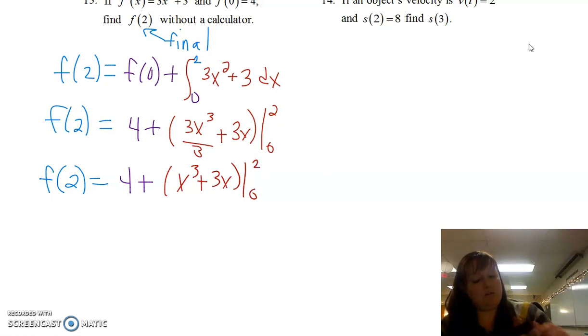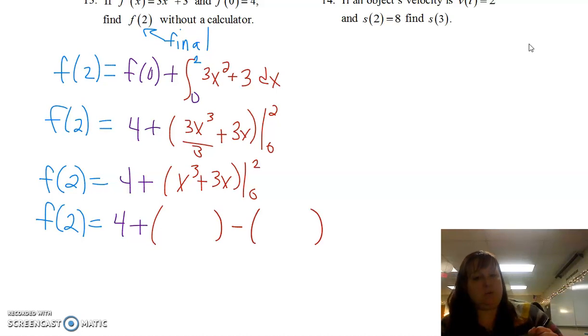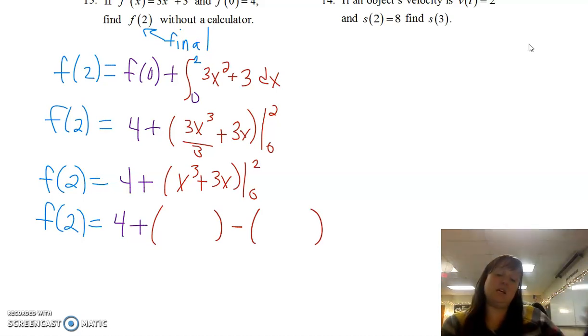So this is going to be f of 2 minus f of 0, because that's what we need to remember with the fundamental theorem of calculus, that we take the function at 2 minus the function at 0.